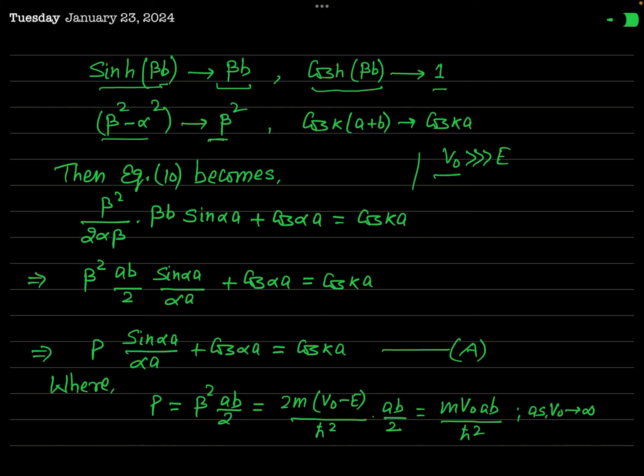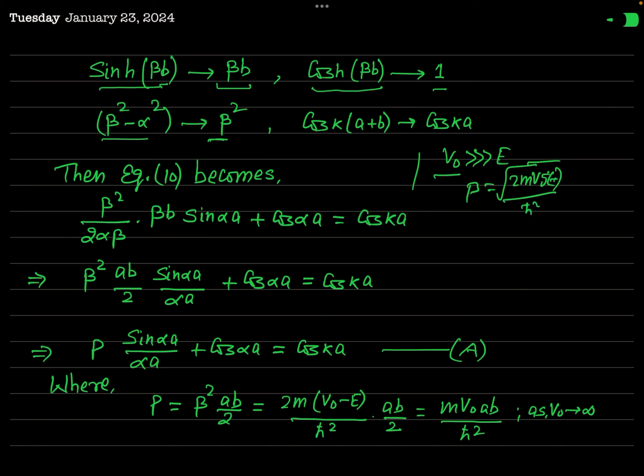But β is equal to root over 2m(V naught minus E)/ħ².